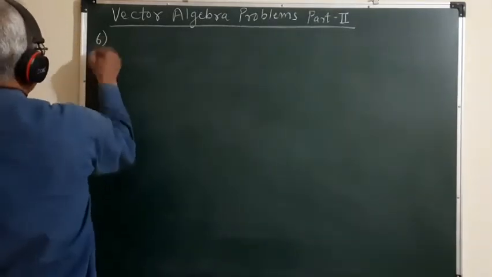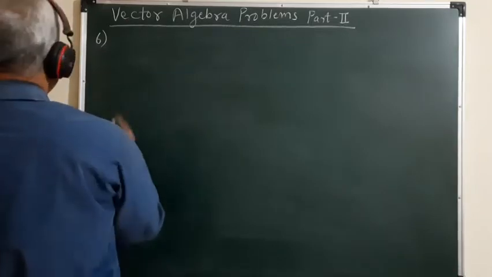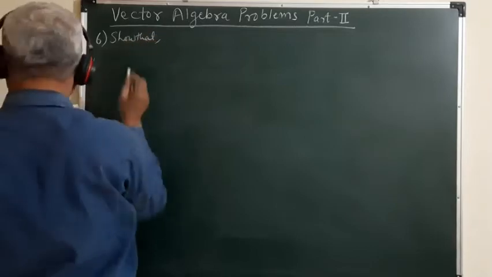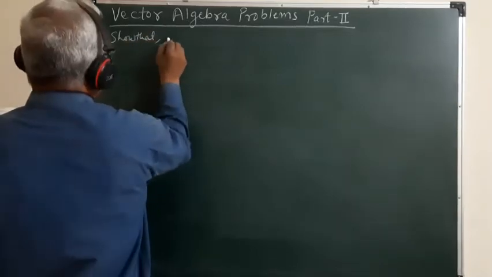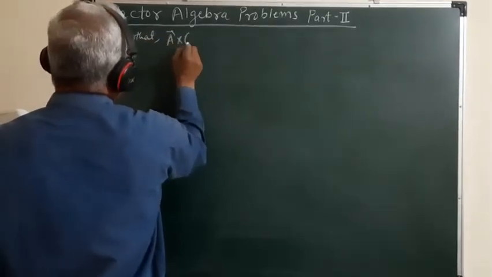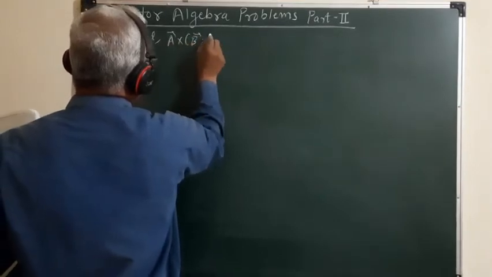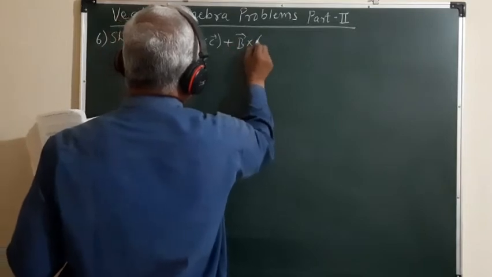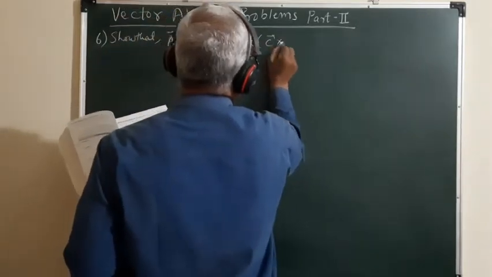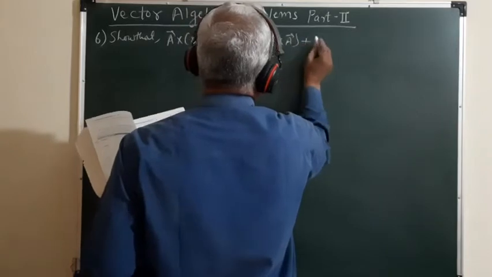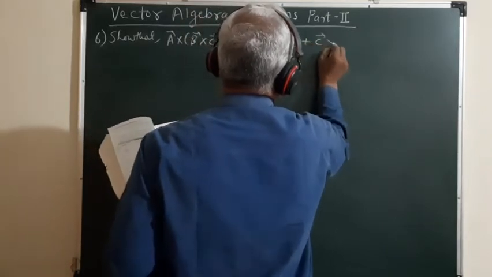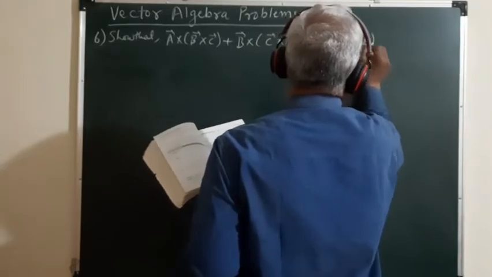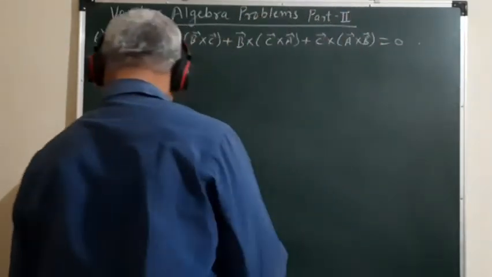The sixth problem is to show that a bar cross b bar cross c bar plus b bar cross c bar cross a bar plus c bar cross a bar cross b bar is equal to 0.